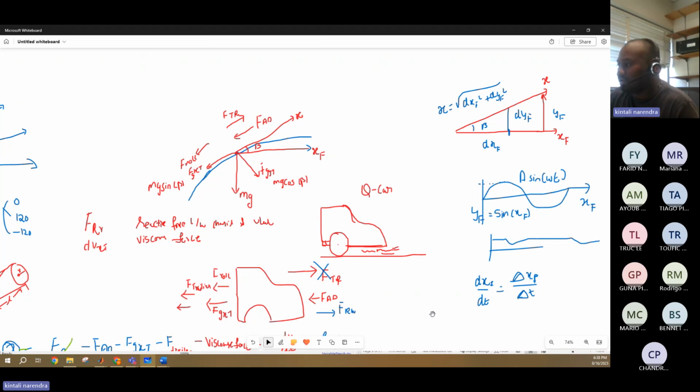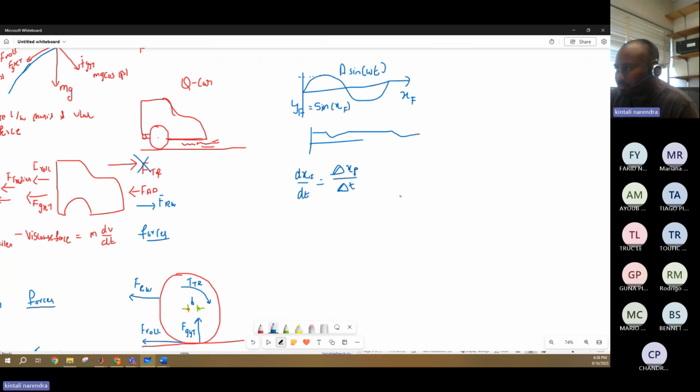What do I mean? For example, this is the one. You want to find dy of f by dx of f. That means you need to find delta y of f by delta x of f.